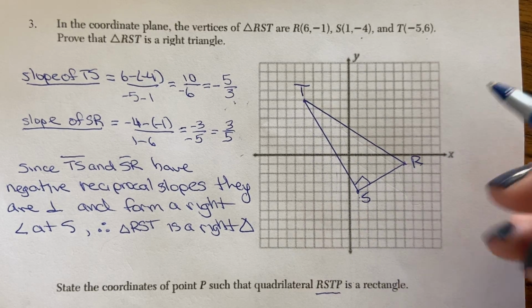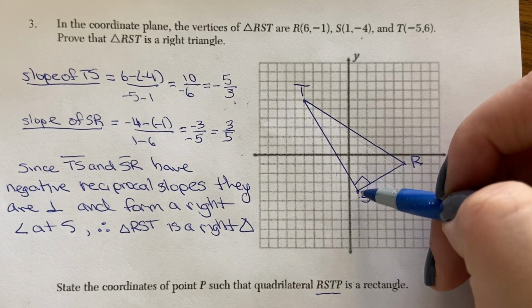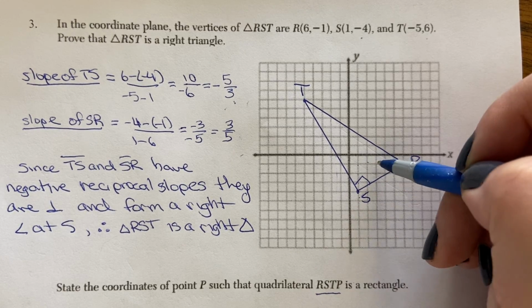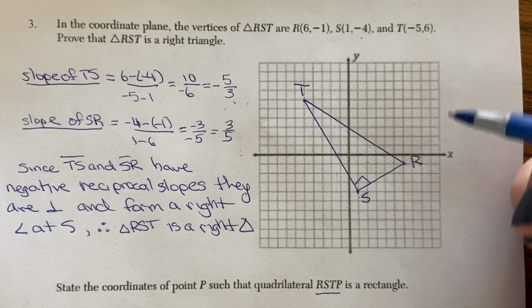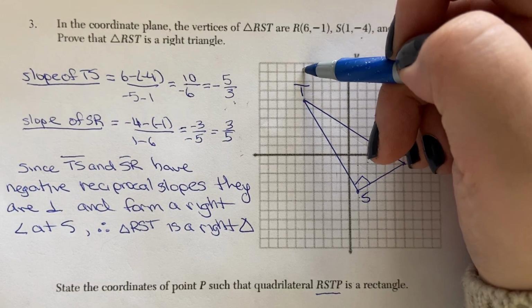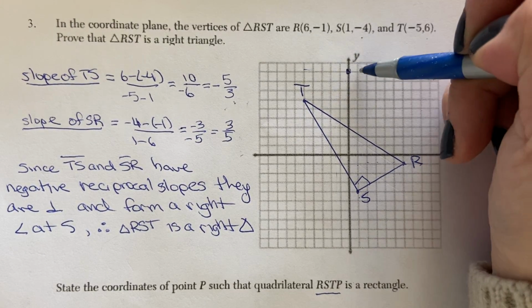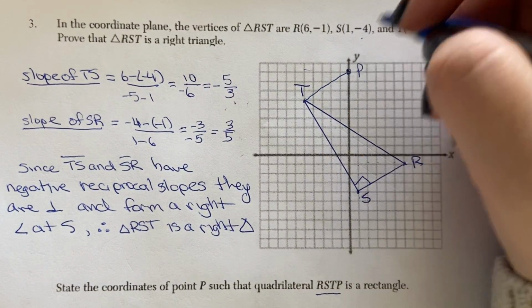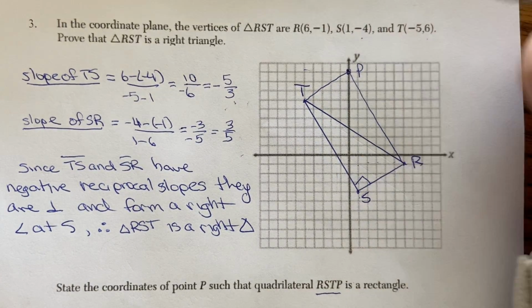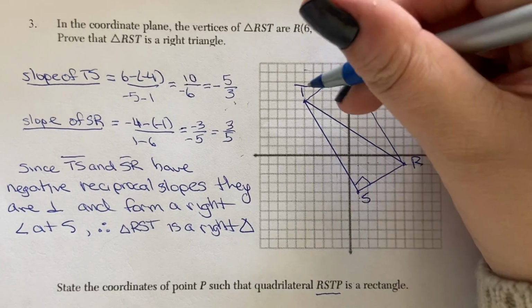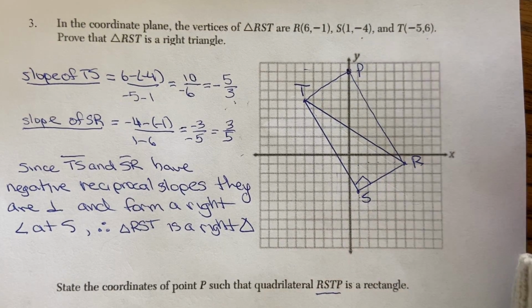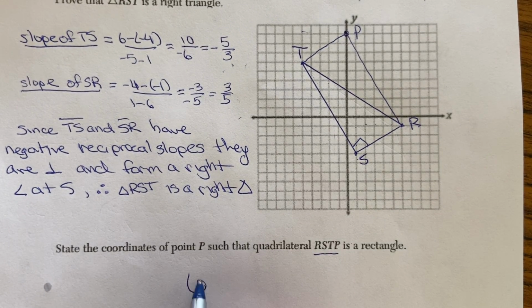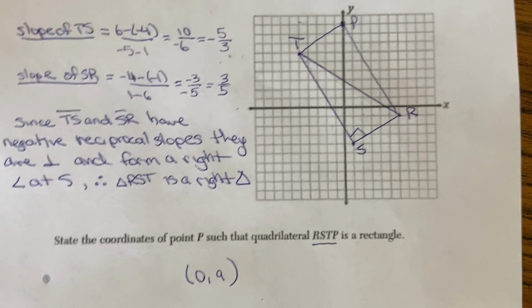So what I can do is count my steps from S to R. I'm going up 1, 2, 3, over 1, 2, 3, 4, 5. If I do the same count, up 3 over 5, that's going to get me where P goes. And there you go, that would make a rectangle, because these would be parallel and these would end up being negative reciprocal slopes. So your coordinate answer is going to be 0, 9.